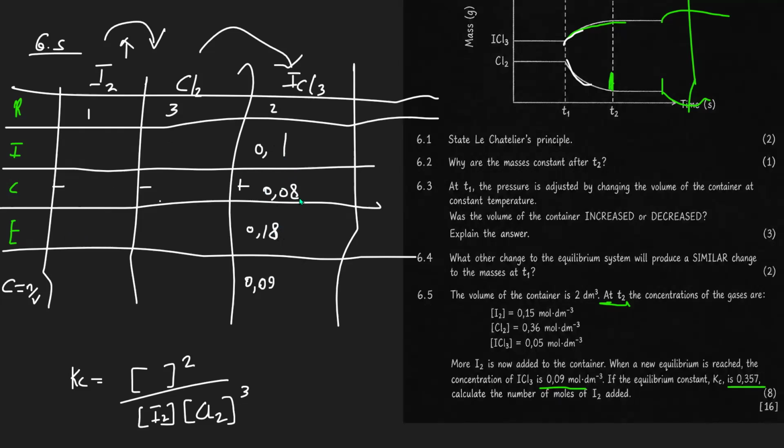Because this is concentration, we need to convert this into number of moles. Converting that, according to C equals N over V, the concentration is 0.05, and you multiply by the volume, which is 2. Then you're going to get your number of moles. This will be for ICl3.